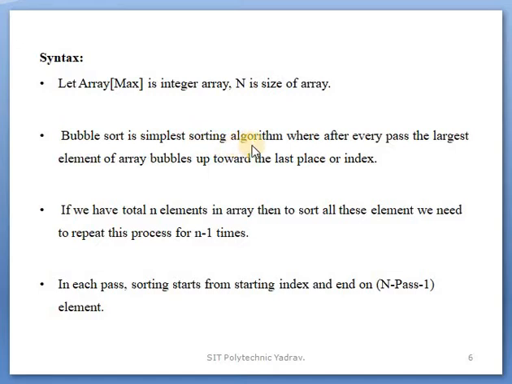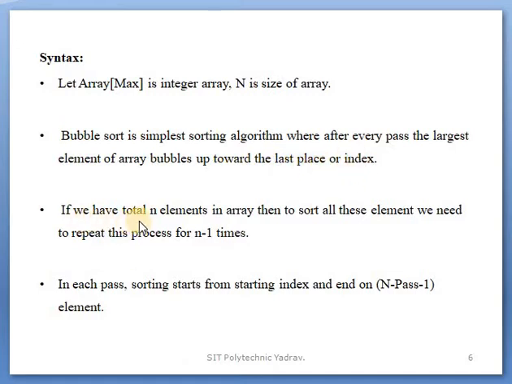Bubble sort is the simplest sorting algorithm, where after every pass, also known as an iteration, the largest element of the array bubbles up toward the last place or index. Either word, pass or iteration, can be used.